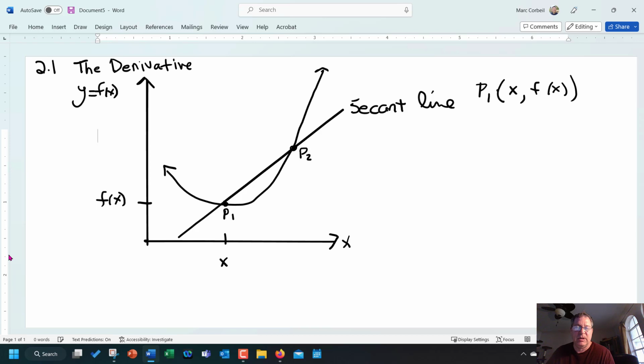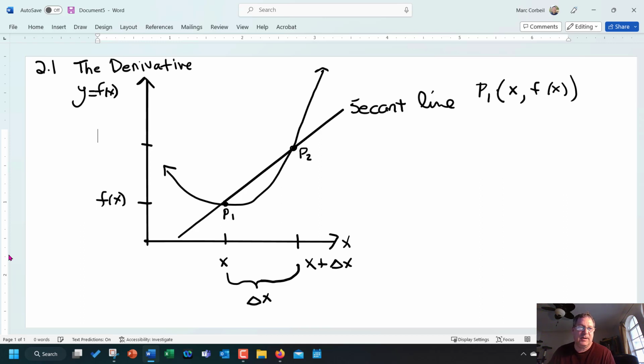So point 2 is going to be arbitrarily away from x. In this case, I'll say it's arbitrarily over here. So that distance we will say is some arbitrary distance of delta x. So that means this point here would be best labeled as x plus some delta x. So that's the x part of that point.